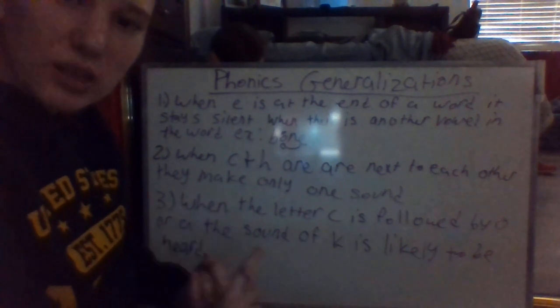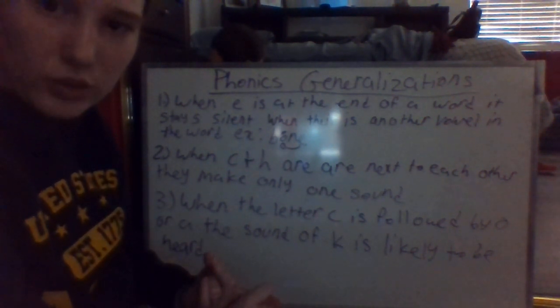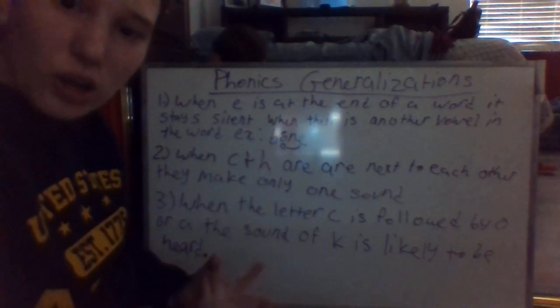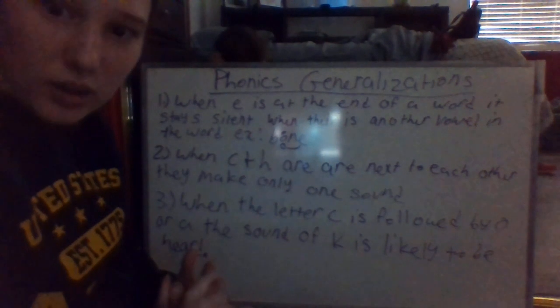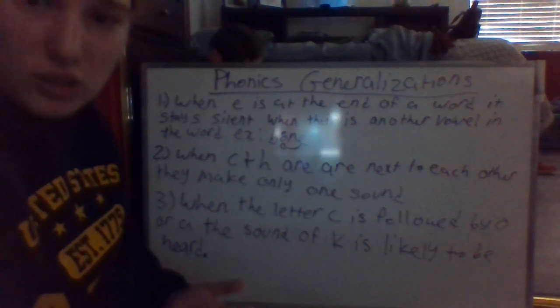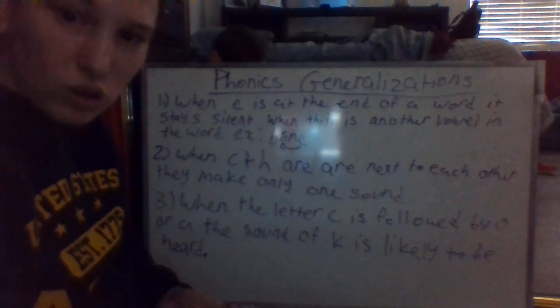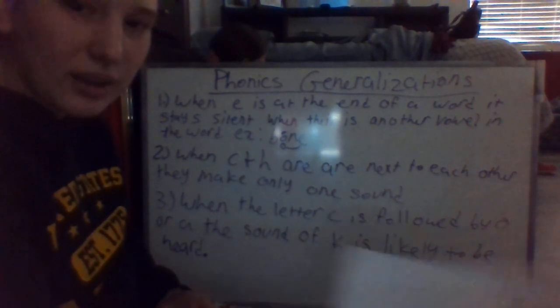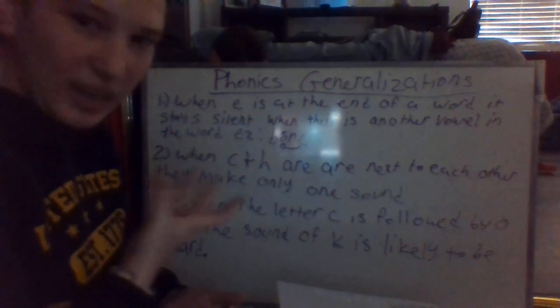This is mostly what you might see when you're reading or writing a word. However, there are some words that are not going to follow that rule, and that's okay. That doesn't mean the words are wrong. It's just that in this case, you almost have to use sight words.